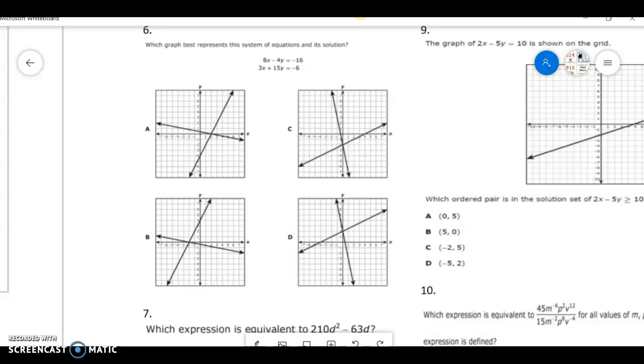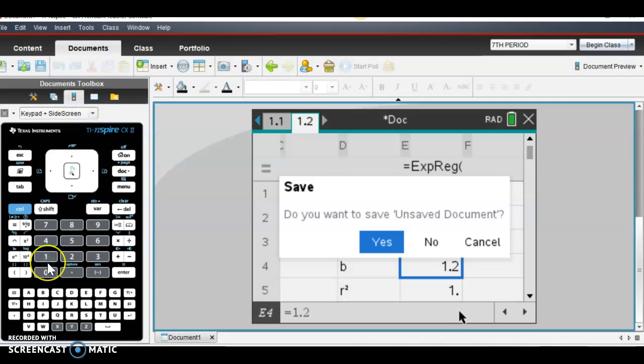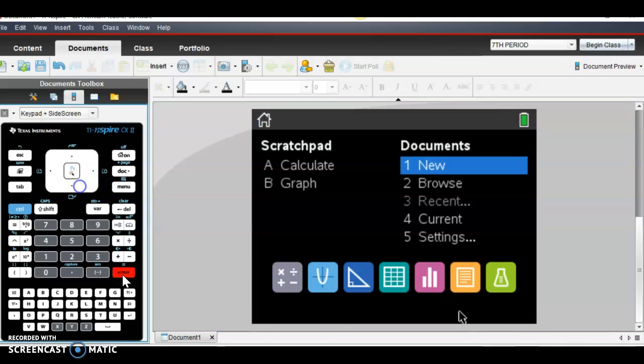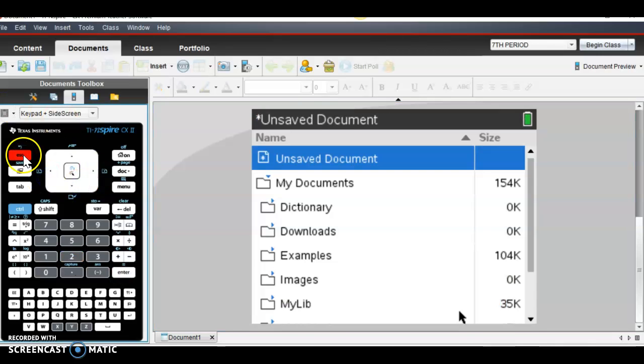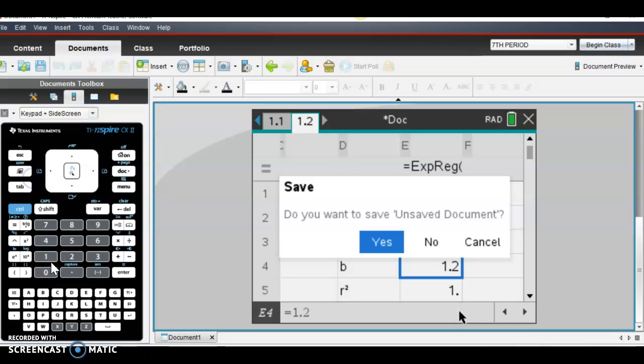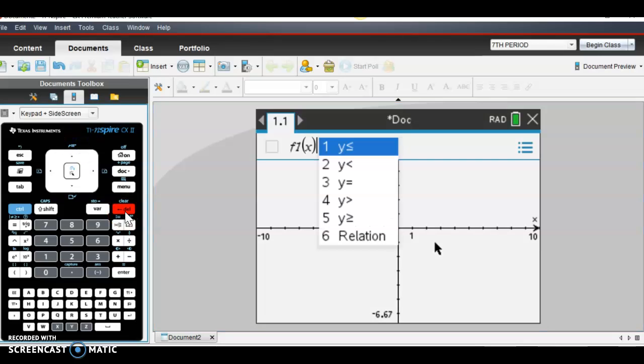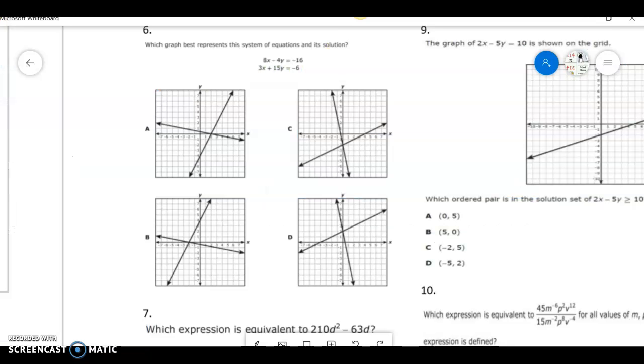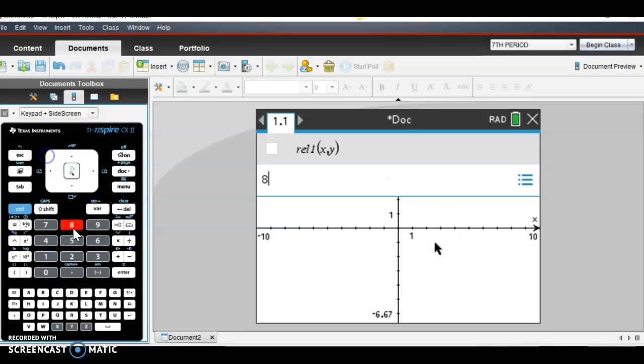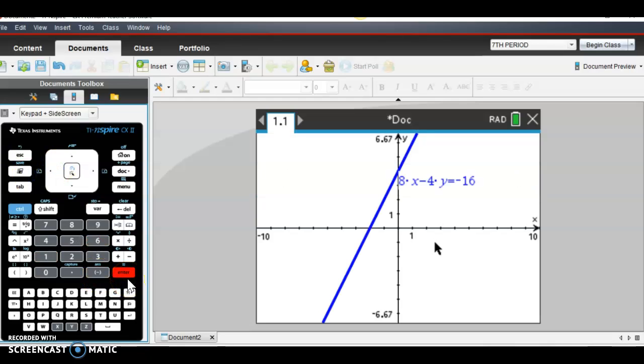Guys, the easiest way for you to do this is going to be for you to use your calculator. So we're going to start a new document, and we're going to start a graph. And we're just going to graph both of those. Now, they are not in y equals, so you need to hit delete and number 6, so you can use a relation. 8x minus 4y equals negative 16. And we're going to go ahead and graph that linear equation.